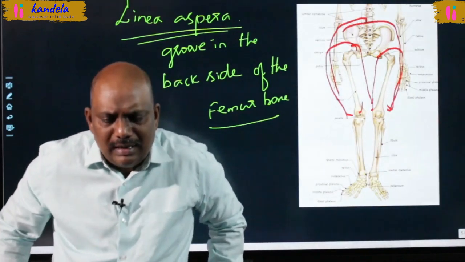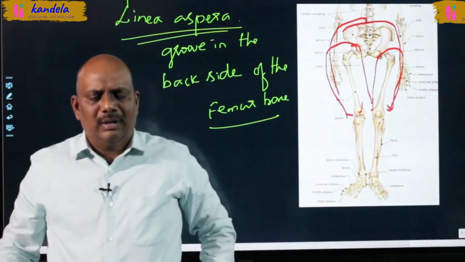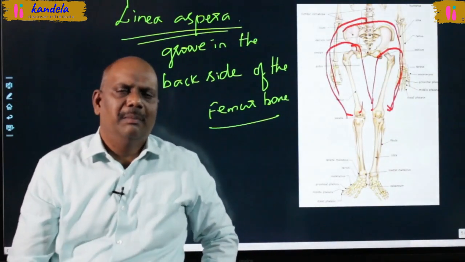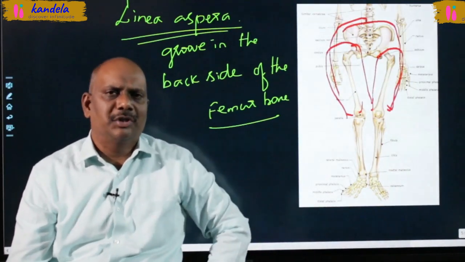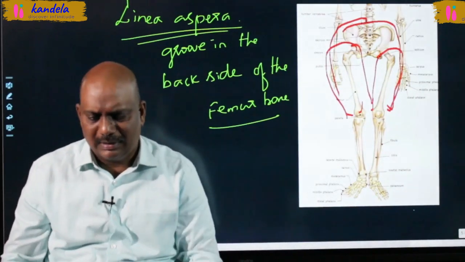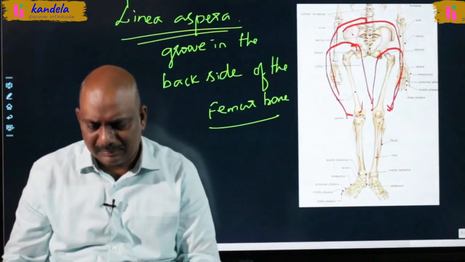The linea aspera is present only in human beings because we have a bipedal locomotion with an erect posture. This linea aspera is also present in Australopithecus. See here, this is a femur bone. In this bone, can you see this groove? It starts here, runs in the middle, and again extends.